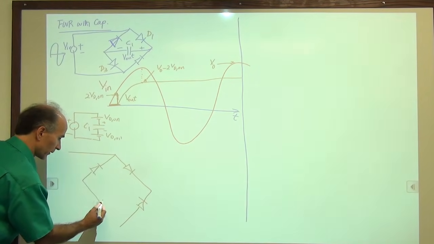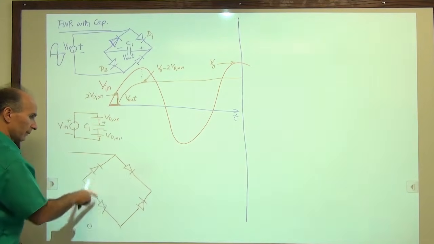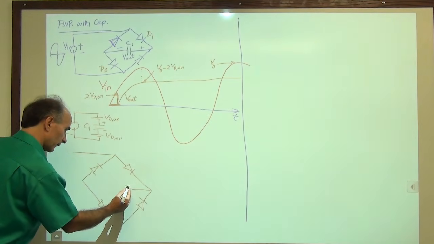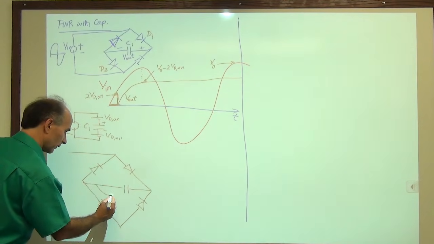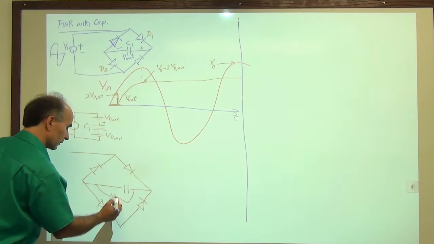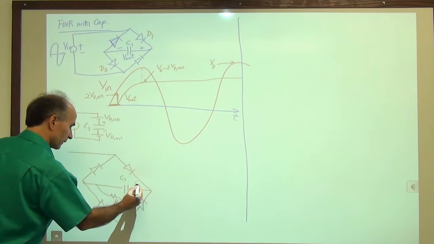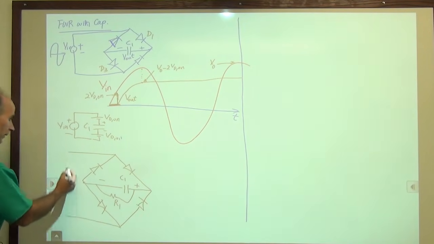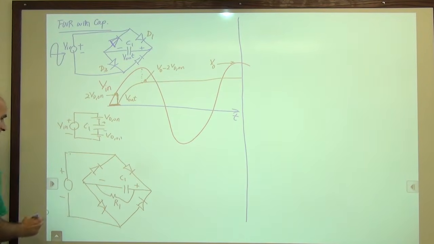We have 4 diodes, and we remember that parallel branches have the same direction for the diodes, and this time we have a capacitor and a resistor in parallel. So R1, C1, the output voltage is still positive on this side, negative on this side, and then we are applying a sinusoid to the top and bottom terminals of the bridge. So that's a sinusoid.